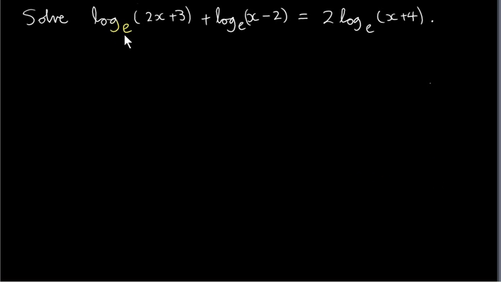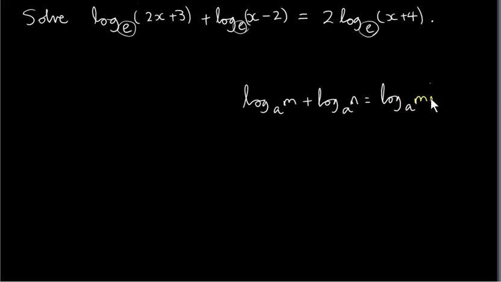Now, all the log terms have the same base, so we don't have to be changing bases. They're all base e. We can combine these two terms together using a rule that was proven in the previous video, which said that log to the base a of m plus log to the base a of n equals log to the base a of m times n.